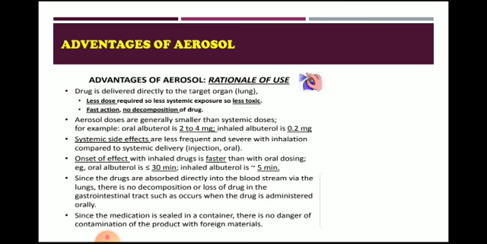Advantages of aerosol: the drug is directly delivered to the target organ, like the lung. Less dose is required, so there is less systemic exposure and less toxicity. Aerosol doses are generally smaller than systemic doses.